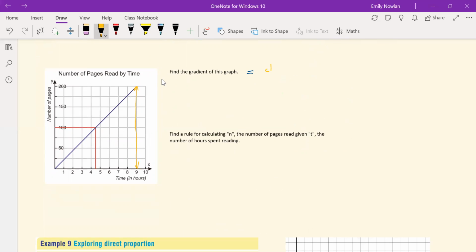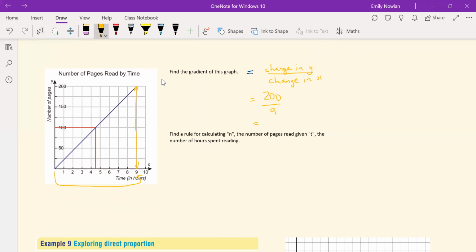Remember, it's the change in y over the change in x. So the change in y, I've gone from 0 all the way up to 200, over the change in x. Well, that was for 9 hours across both. So in 9 hours reading, I did 200 pages.